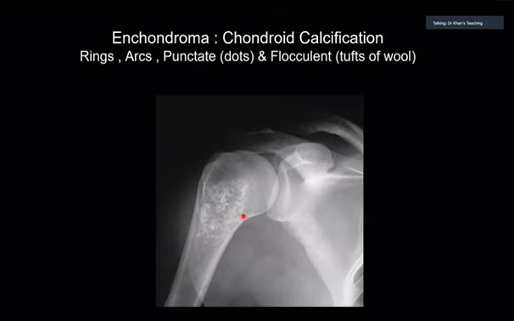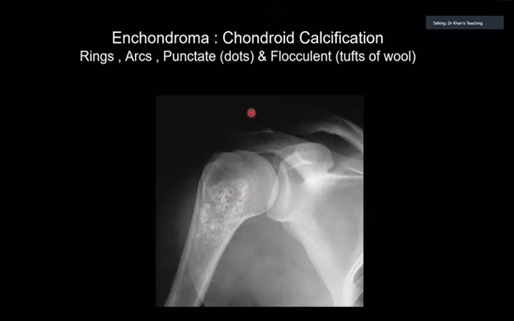So if you see, for example, this is a sort of a ring, and there are arcs, etc. And then this is the pattern. Both of them are exam cases. Please remember the take home.